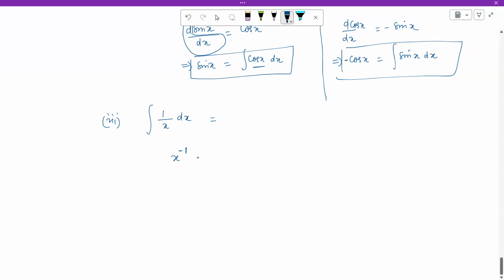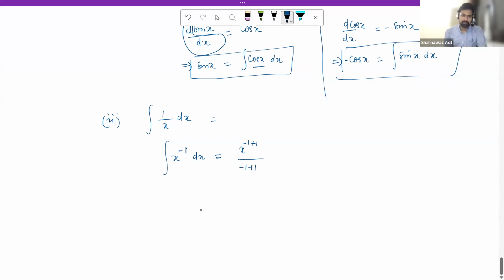If you integrate it using the algebraic formula, you get x to the power minus 1 plus 1, which is x to the power 0, in the numerator, and the denominator is minus 1 plus 1, which is 0.